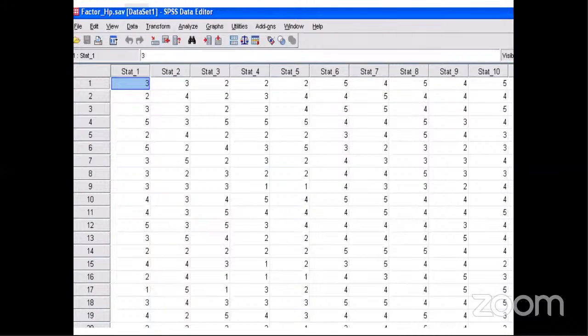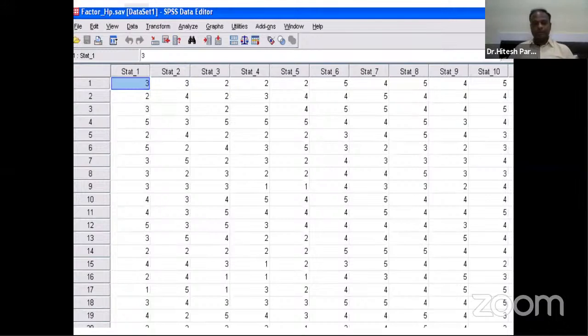Okay, ma'am, I am sending you. Just check your mail after 2 minutes. There is a query. Sir, in my case, data set are labeled.